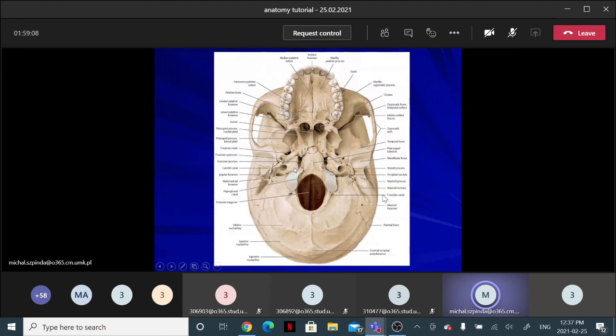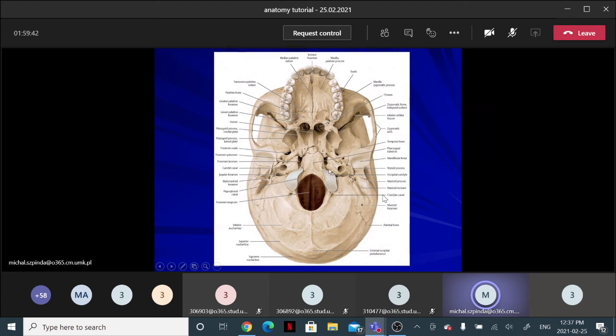So here we have a real skull, and here is foramen lacerum. The foramen lacerum is normally filled with cartilage, so it's absent. Here it is visible that between the petrous temporal bone and the lateral part of the occipital bone is a big space.